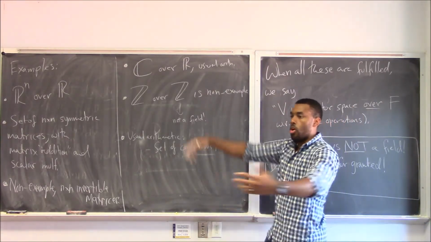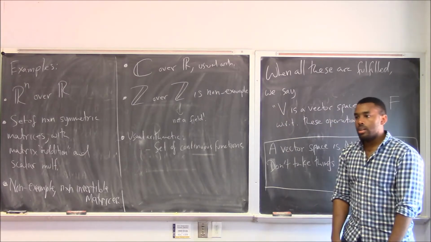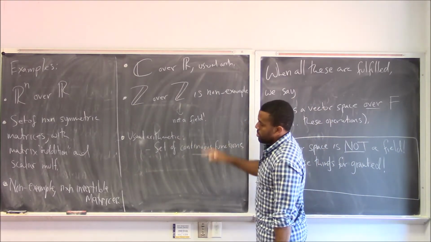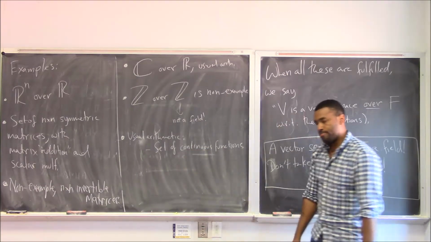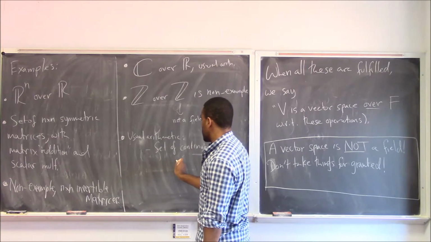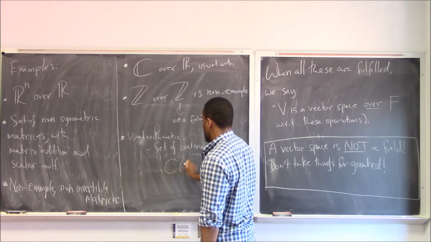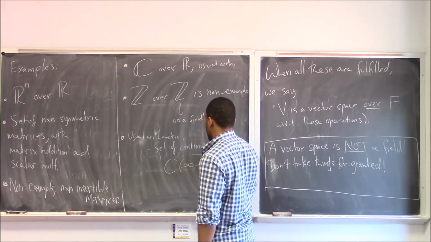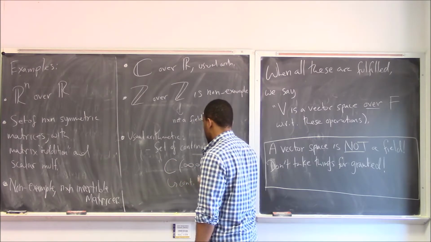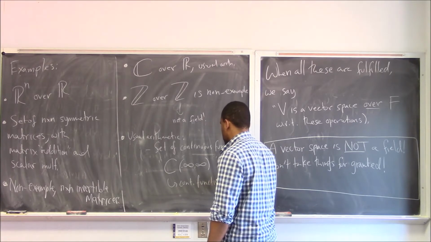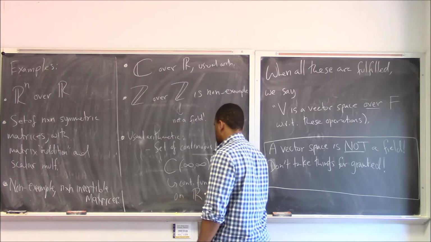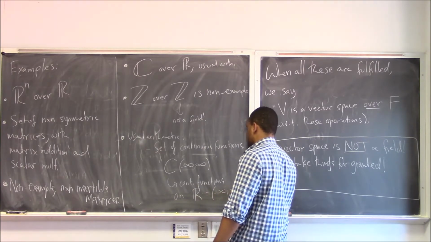If I look at the set of all possible continuous functions, they will, under these operations, where my scalars are coming from the real numbers, form a vector space. We call this C of minus infinity to infinity. This is the notation for continuous functions on the real line, sometimes written as the interval negative infinity to infinity.